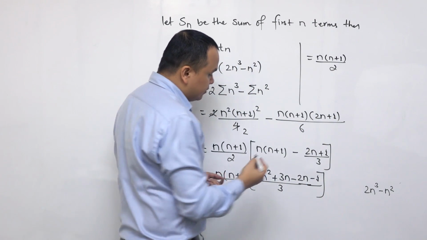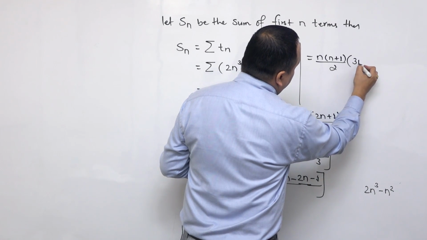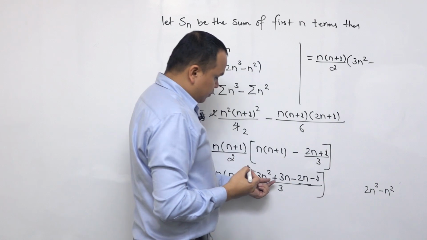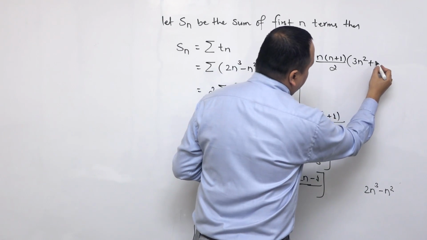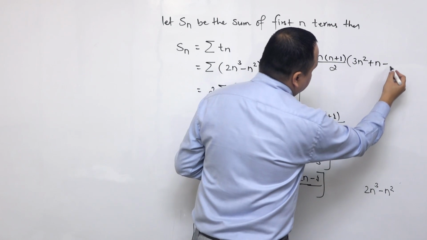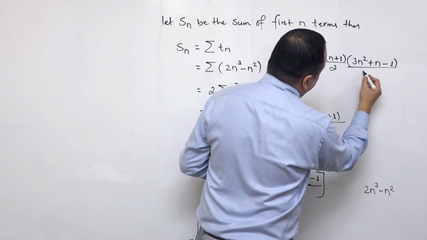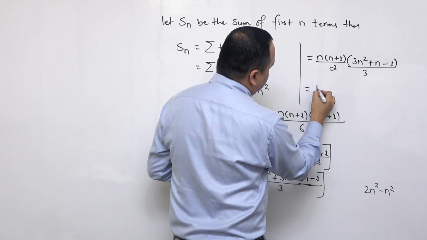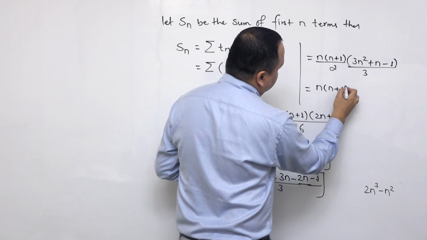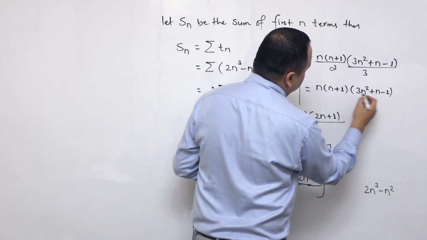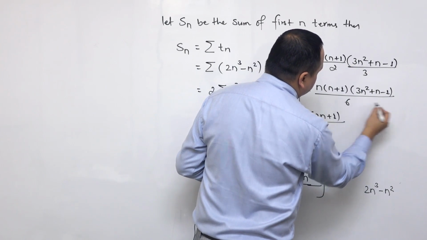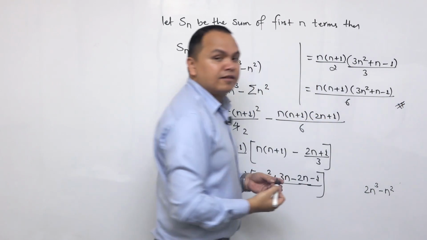Here 3n square plus 3n minus 2n, n minus 1 divided by 3, and this is n times n plus 1 times 3n square plus n minus 1 divided by 6, which is the required answer.